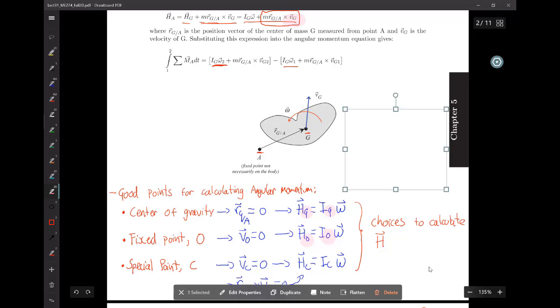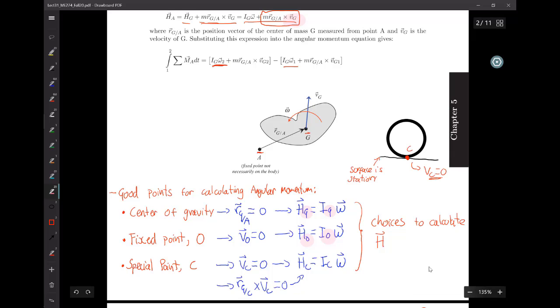Now, there is something to remember. In the no slip condition, point C has 0 velocity if the surface is stationary, all right? So never forget this, because this can lead to some problems. And if the surface is moving, then this is not a good point anymore, all right?